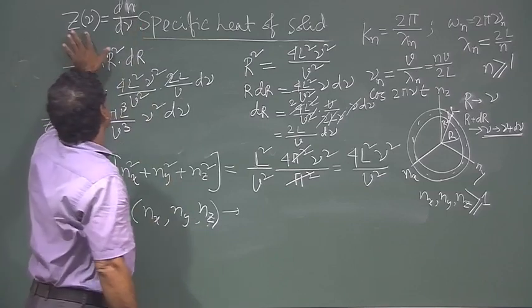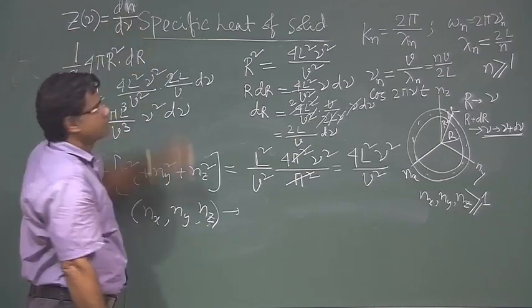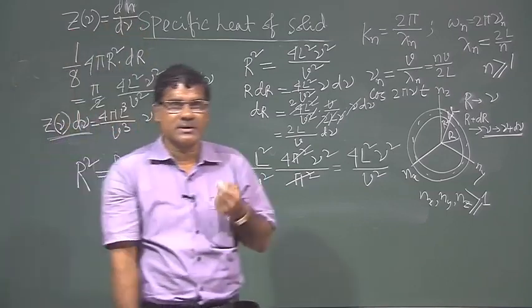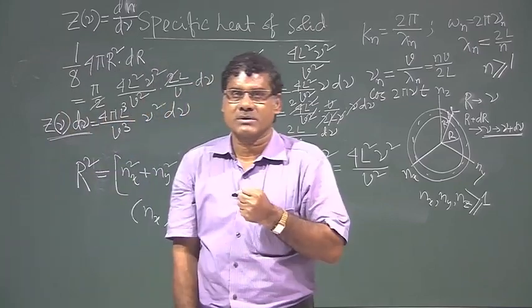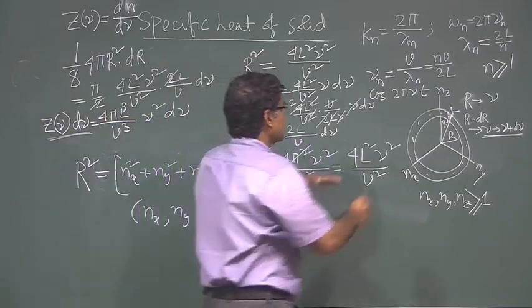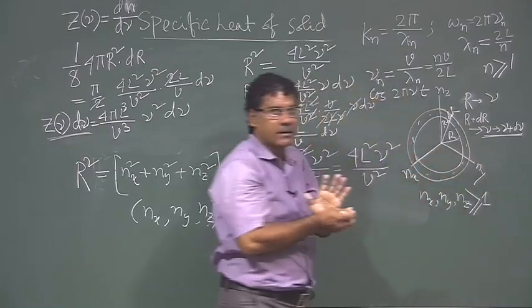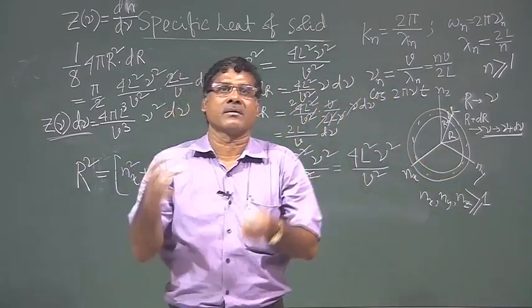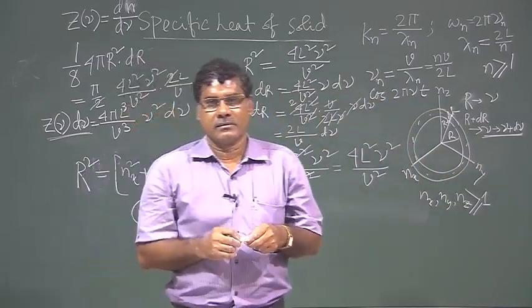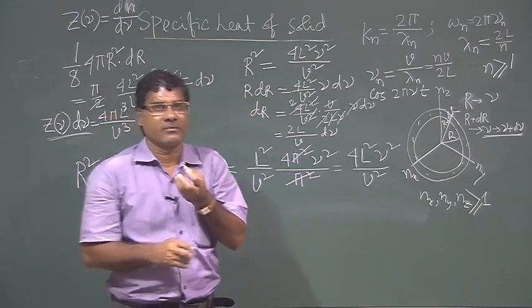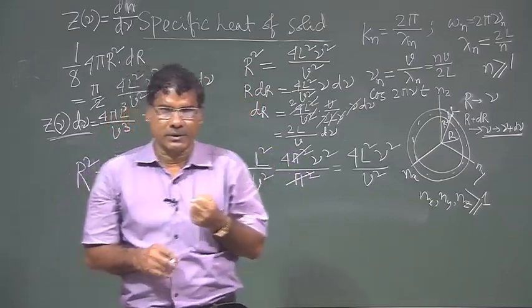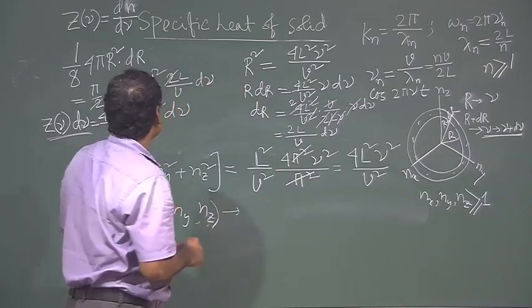That is, per unit frequency, how many modes. So do not be confused with the physical volume. Then we will think about why I have not divided by the volume of one mode.